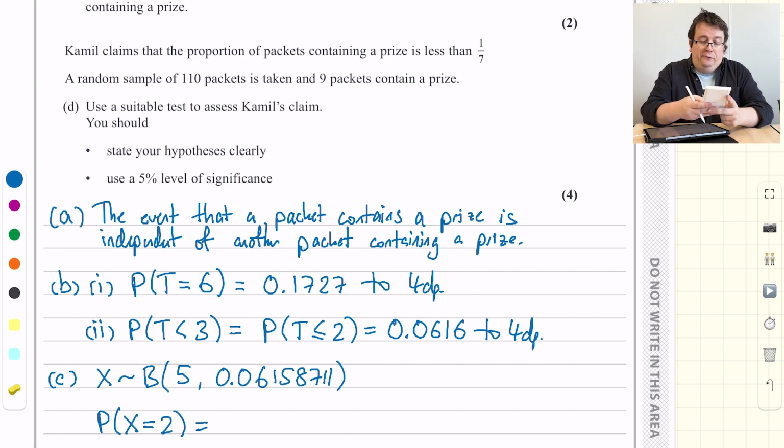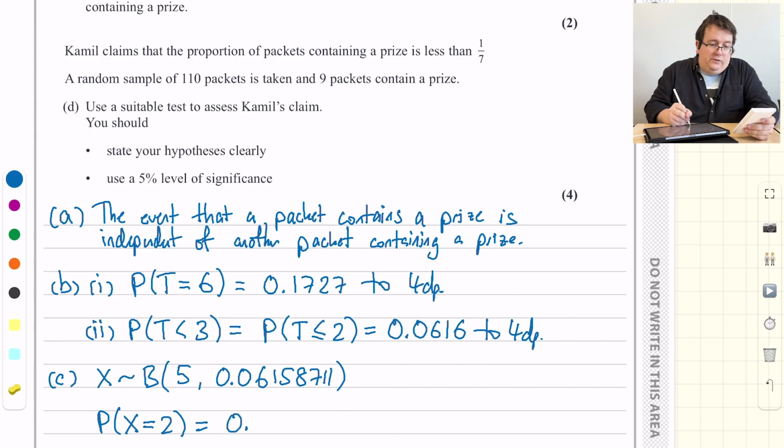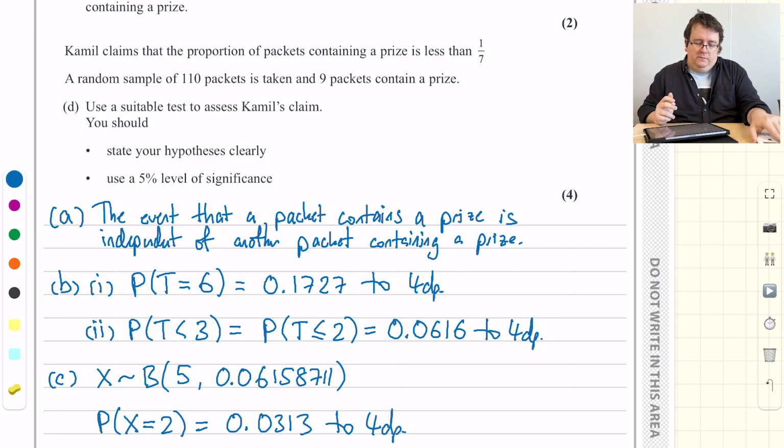So 0.06158711, and we want exactly 2. So we should get 0.0313 to 4 decimal places. Okay.